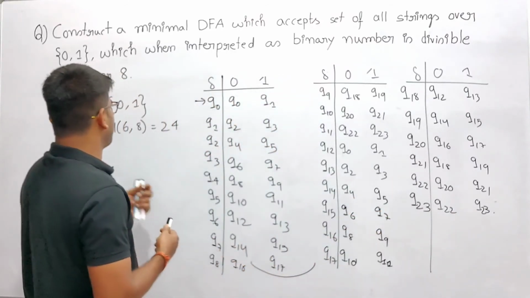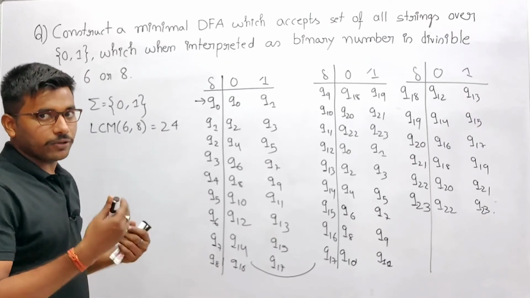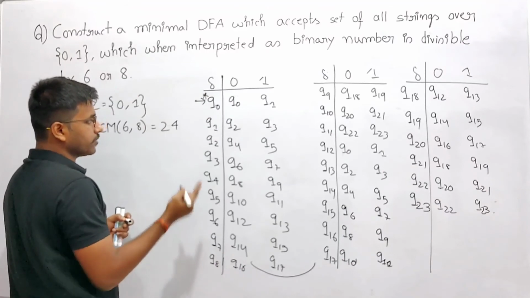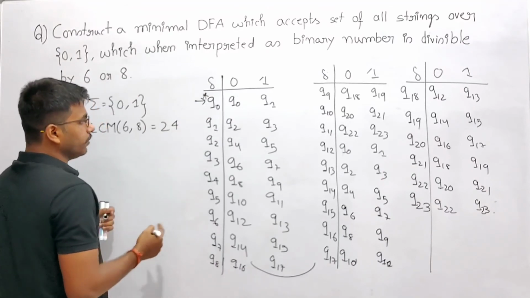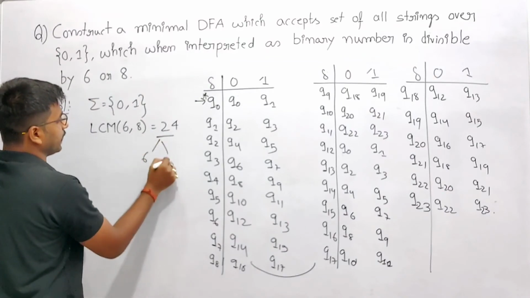Since you need to accept the numbers divisible by 6, 8 or 24, q0 you have to make the final state because it is divisible by 24. If divisible by 24, then it is divisible by both 6 and 8.